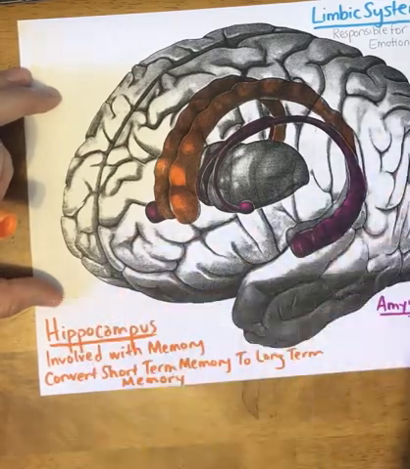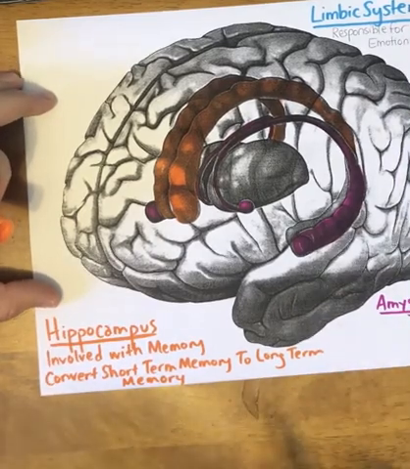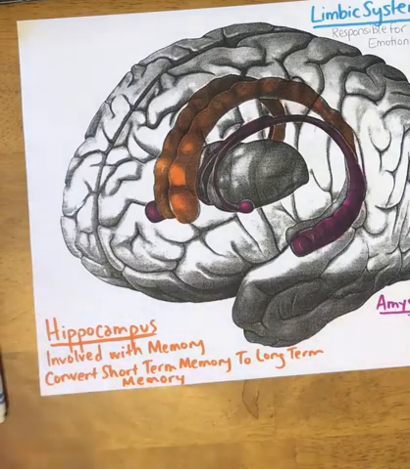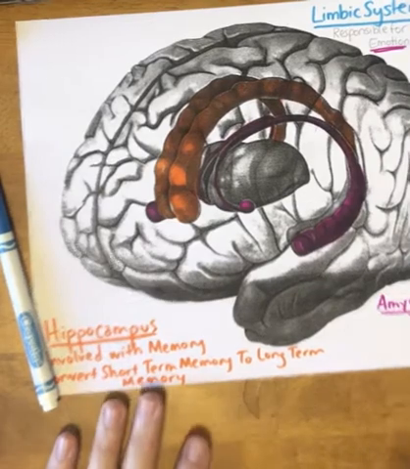So when we talk about the limbic system, memory is going to be the hippocampus. Now, emotion. Emotions are going to be with the amygdala.